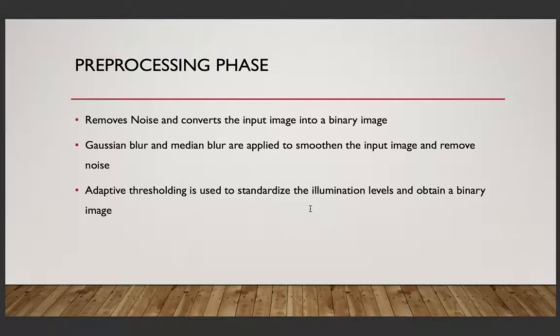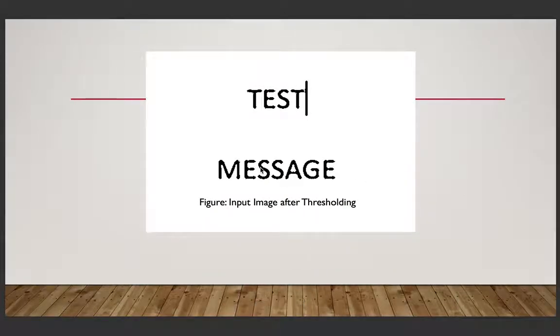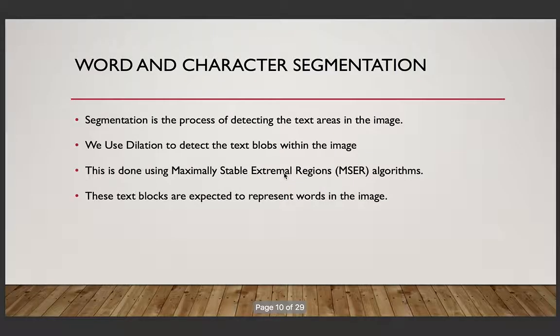The main idea is that after the adaptive thresholding is done, irrespective of the illumination levels, the text part of the image should be much more highlighted as compared to its neighborhood. We can see here in the next image that the edges are a little bit blurred, and it is a little bit more crisp, a little bit more highlighted as compared to the previous input image.